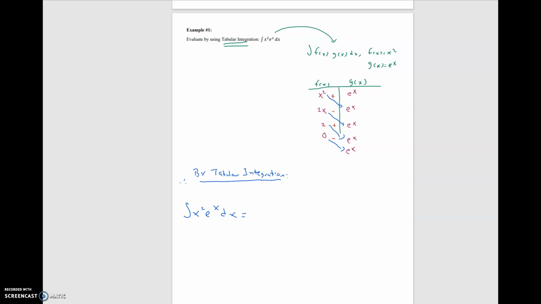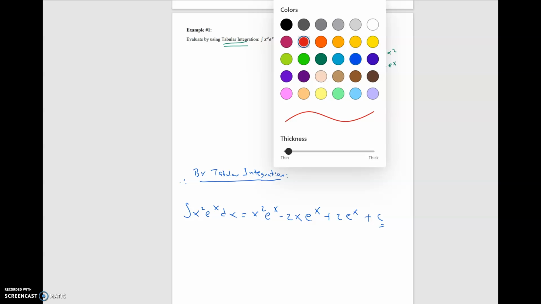Remember that you're multiplying these. The first term is x squared e to the x. The second term is negative 2x e to the x. And then plus 2 e to the x plus the constant of integration.